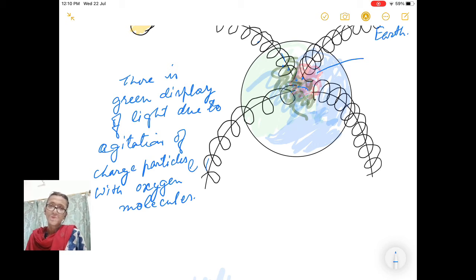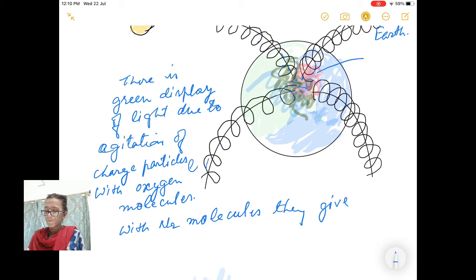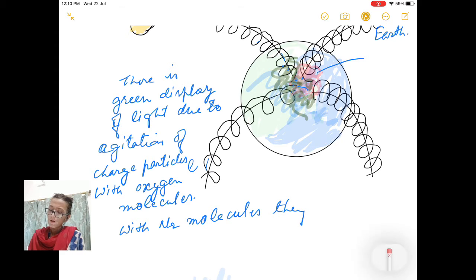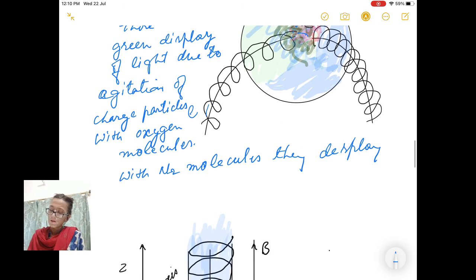And when these charged particles moving along a helical path agitate with nitrogen molecules, they give pink color, a display of a dance of pink color.